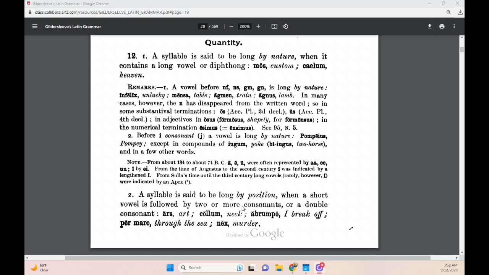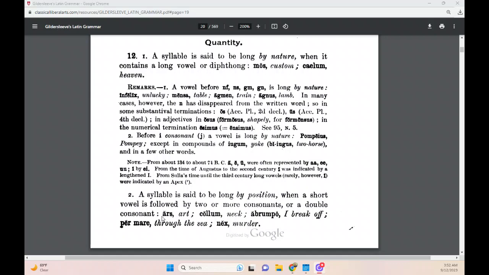A syllable is said to be long by position when a short vowel is followed by 2 or more consonants, or by a double consonant.